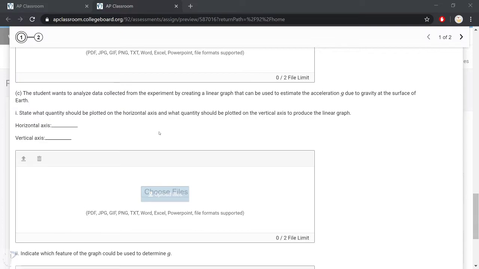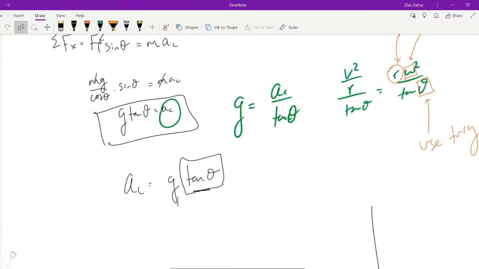Let's keep it that way: g tan theta, like so. Then this is some sort of independent variable that I can change. So a_c equals g tan theta. Tan theta would be some sort of independent variable.